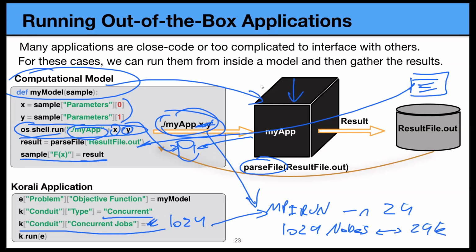So you can play around, use the concurrent conduit to run MPI as a second layer. And if you get to this point, you can send us an email and ask us, but there is also an example in the Korali code that does this. But this is very advanced, and should you need it, we are there to help you do it, okay?